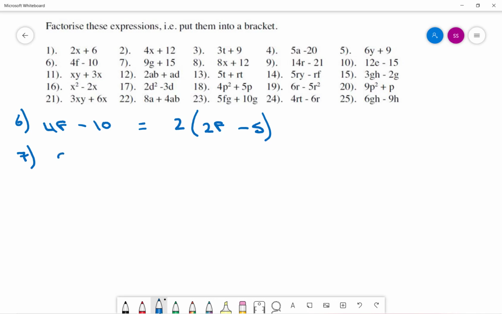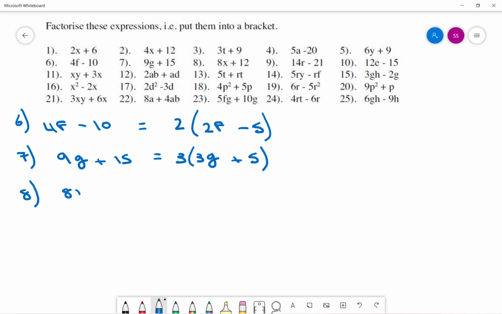For number 7, 9g plus 15. Our common factor here is going to be 3. So 9g divided by 3 leaves me with 3g, and plus 15 divided by 3 leaves me with plus 5.